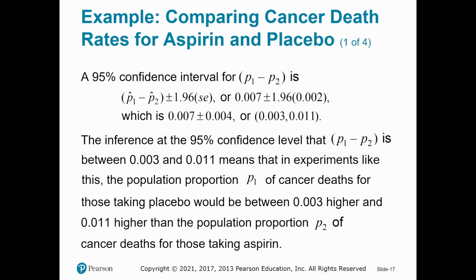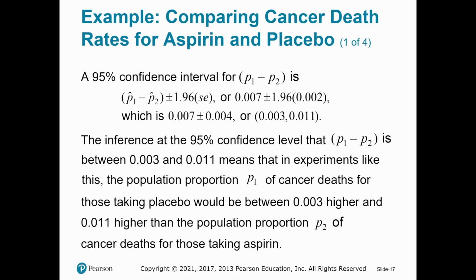Let's see how the Pearson team rolls through this. So the inference at the 95% confidence level is that the difference in the two proportions is between these values.